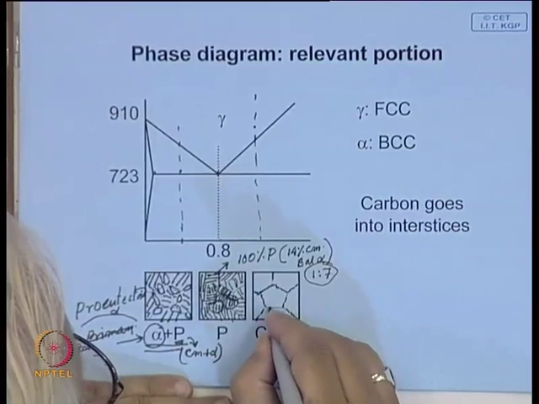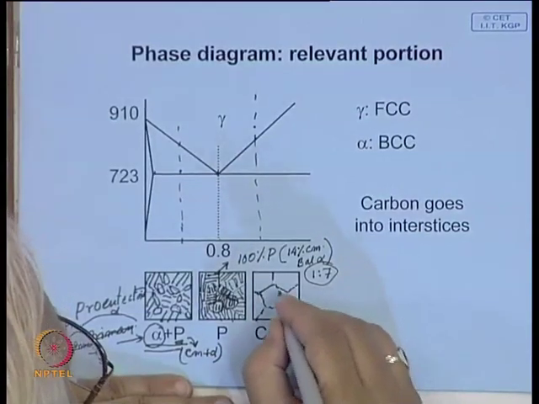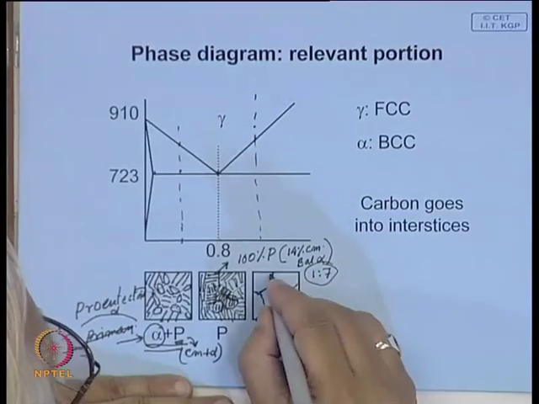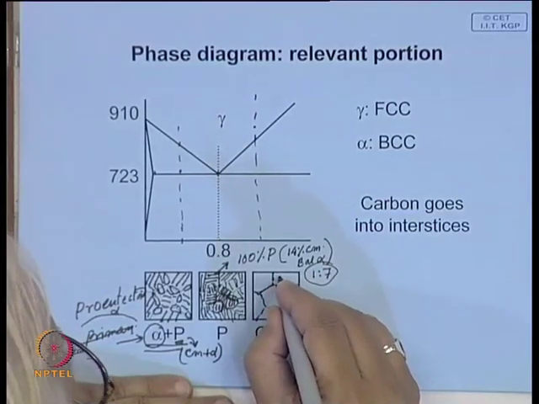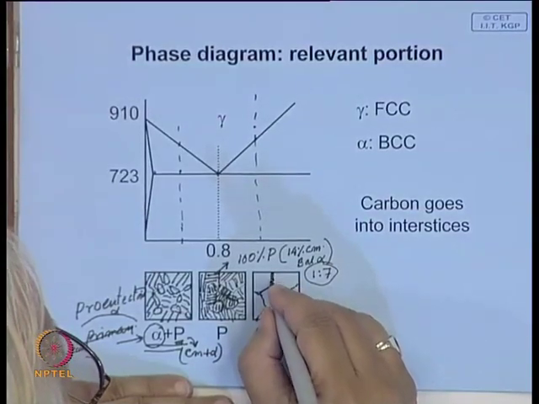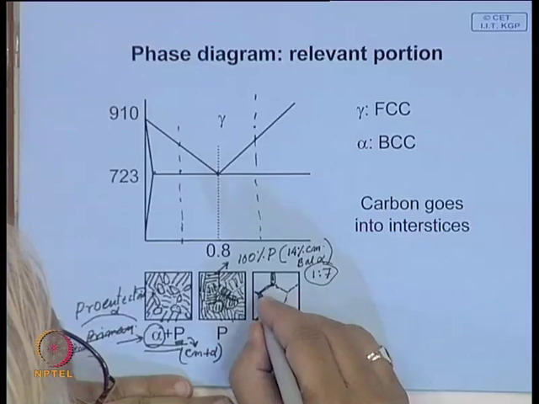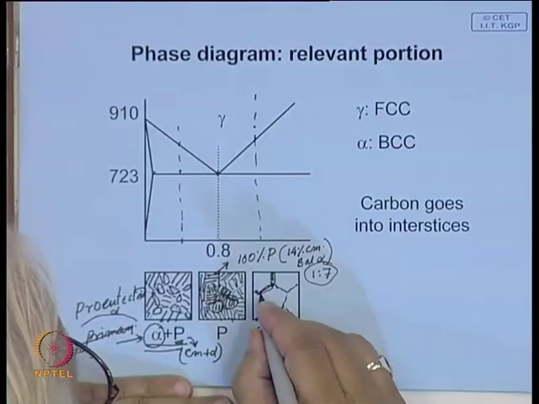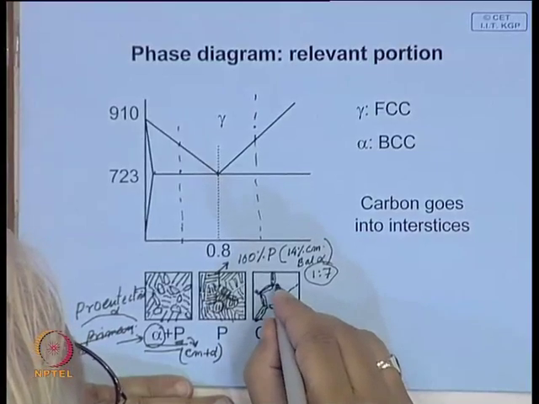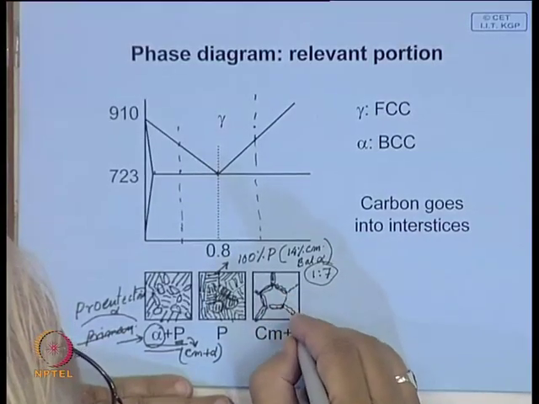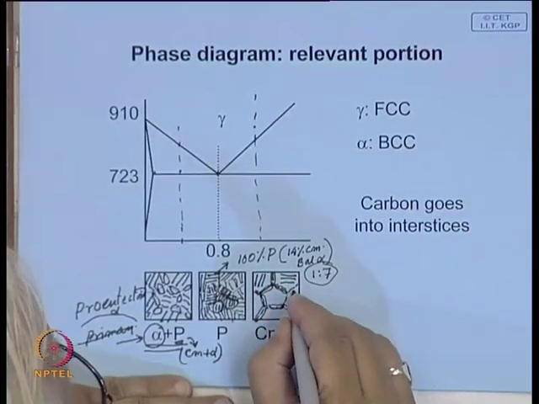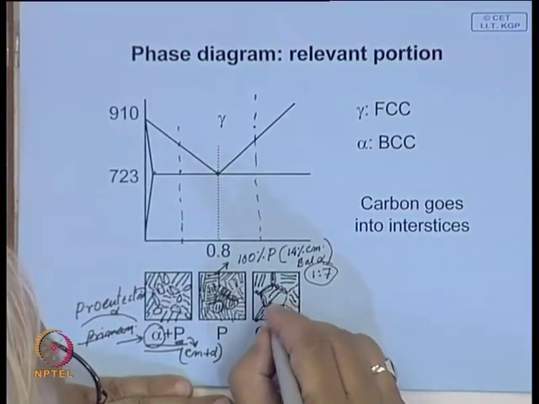When it grows, you can clearly see it, because normal nital etching etches only the boundary between cementite and austenite, or cementite and ferrite. So, you may find a bright white network around this, and the balance will be pearlite.